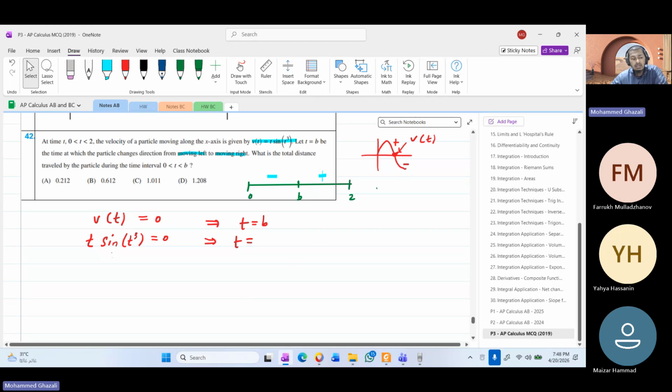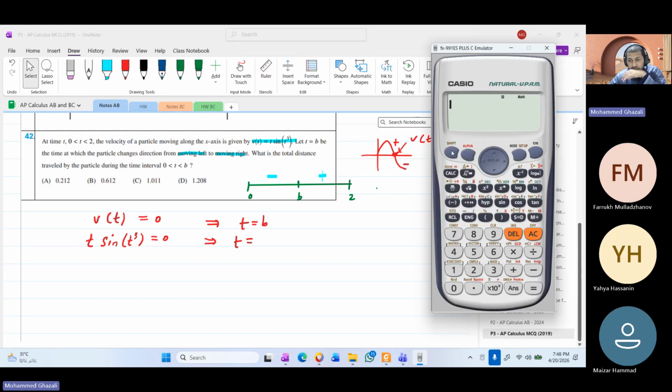You can just take out t from here. You don't need the t there. So just sine of t cubed is equal to 0. Why are we getting syntax error?